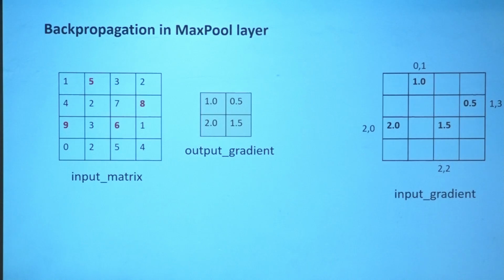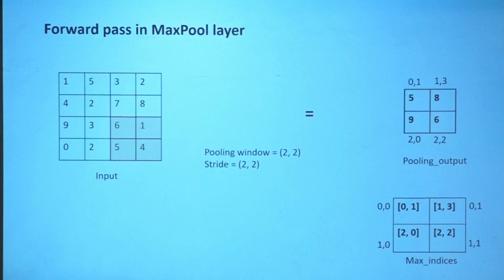So in order to do this, during the forward pass, I am repeating again: when it is performing the pooling operation, striding over the input, for each region it will record the maximum value. Along with recording the maximum value, it will record the index positions as well.